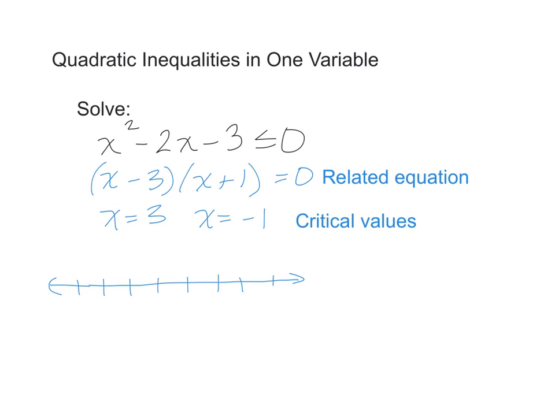So let's make that 2, 0, negative 1, negative 2, negative 3, negative 4. Oops, I did the negative when I wanted the opposite of that. So I'm going to have to make that a little longer.